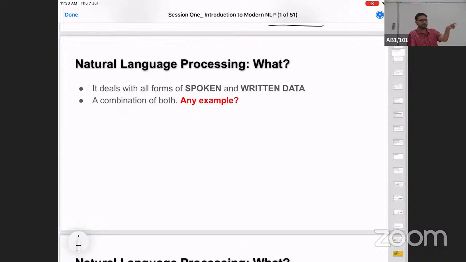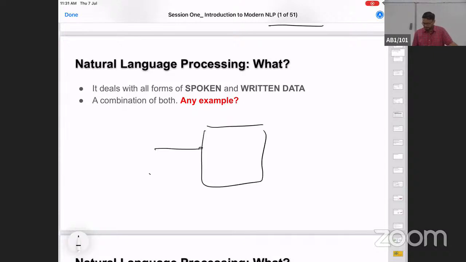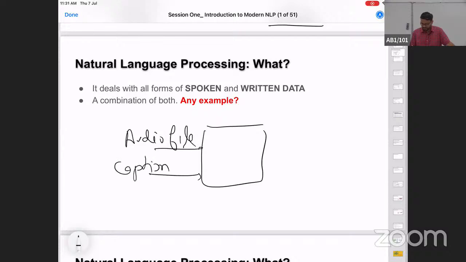So you have a very simple system which takes this audio file and this caption file. What it gives you is the captions aligned with the audio.